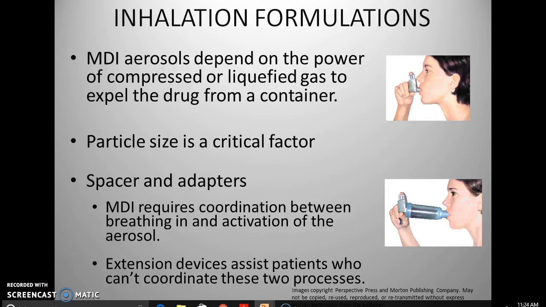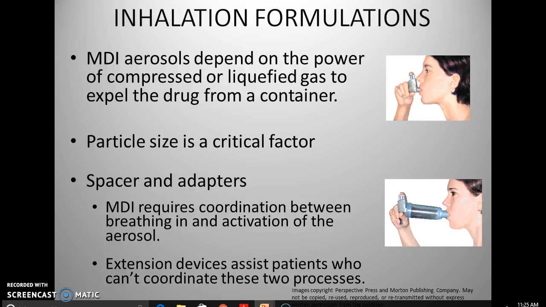And then there is a need for what are called spacers and adapters. What does that mean? When we talk about spacers, we're talking about the coordination required on the part of the patient between breathing in and the actuation of the aerosol. Extender devices, spacers, have been developed to assist patients who cannot coordinate these two actions. The spacer goes between the mouthpiece of the aerosol and the patient's mouth.